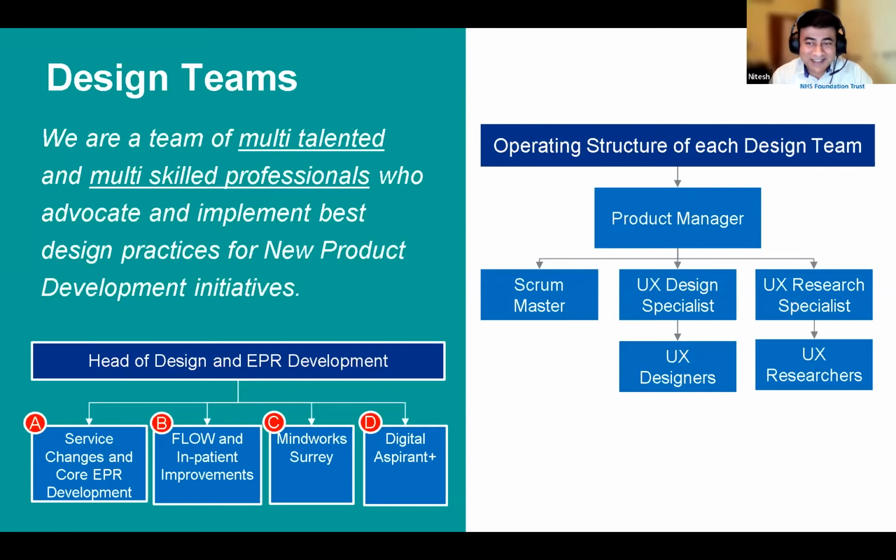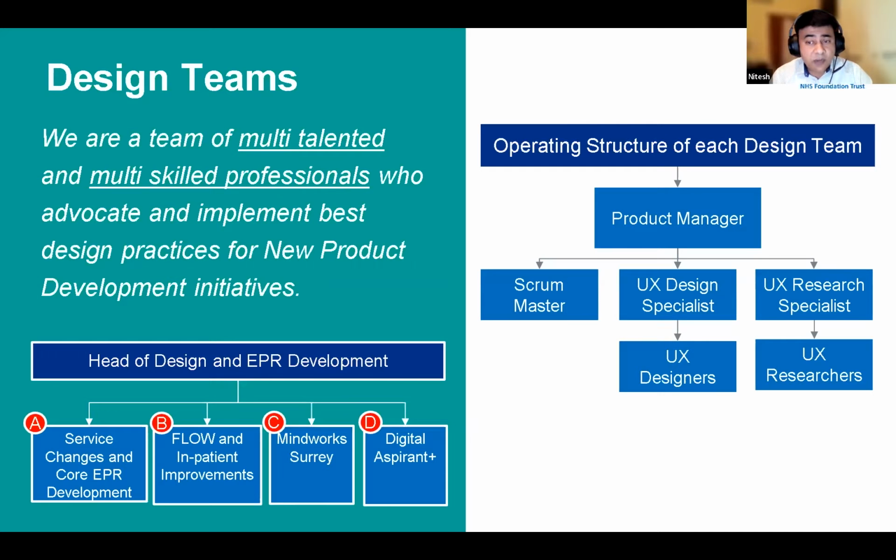The nuts and bolts for each of these design teams which drive the innovation in System 1 looks like the map on the right-hand side. We typically have a Scrum format here. We've got a product manager who owns the backlog and is responsible for the product vision in collaboration with the development team and the roadmap.